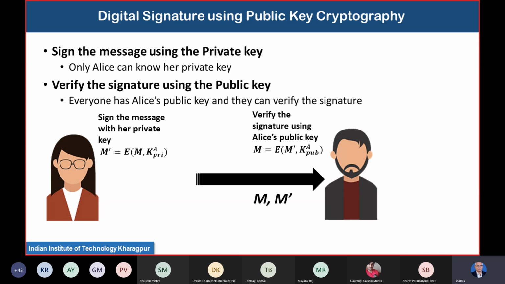So what is done is that you do not actually send the message like this, M and M prime. This M prime is not obtained by applying the encryption on the message itself. On the left-hand side we are showing that Alice is encrypting the original message M with her private key. It is not actually done that way.